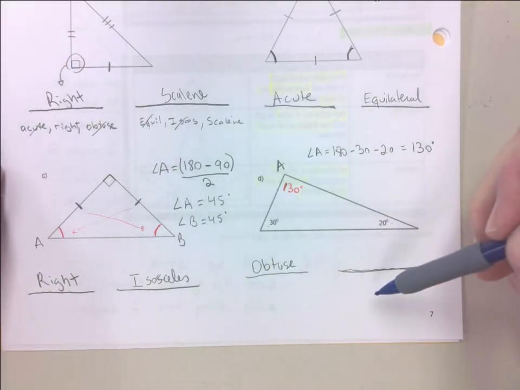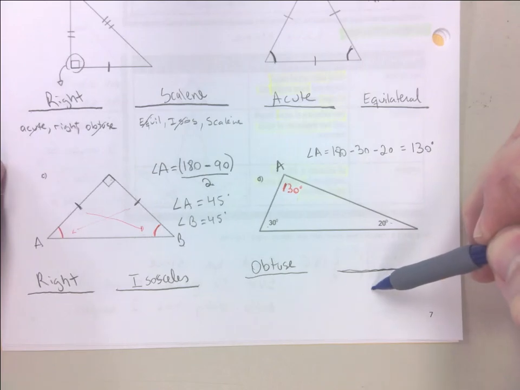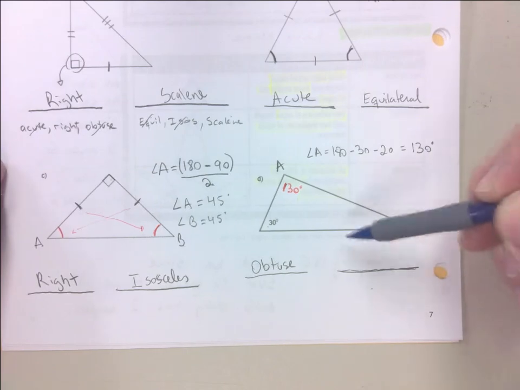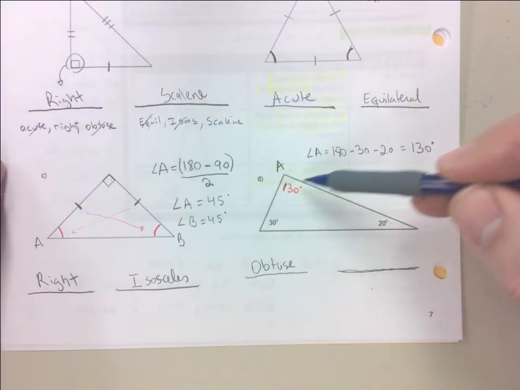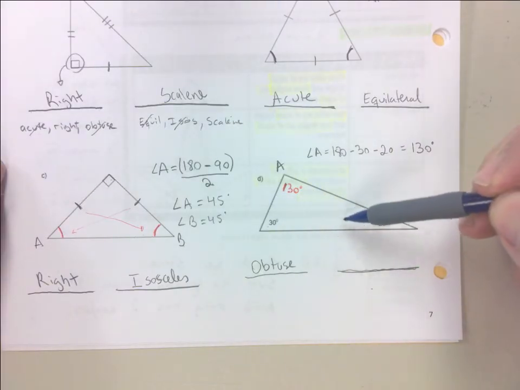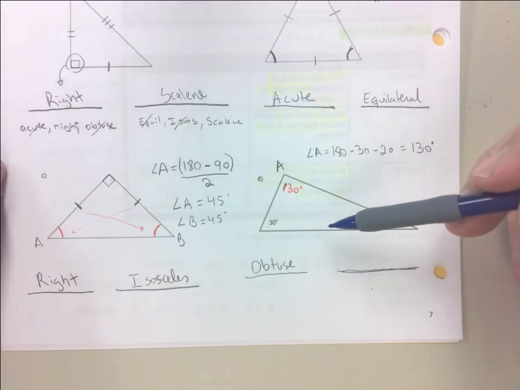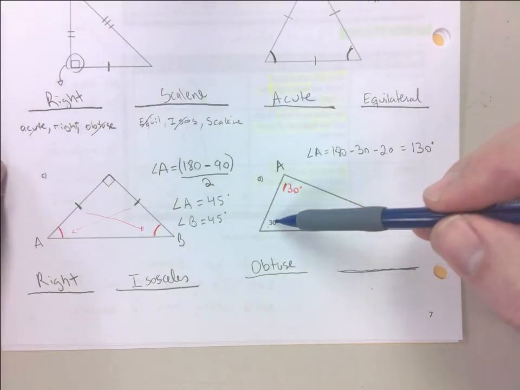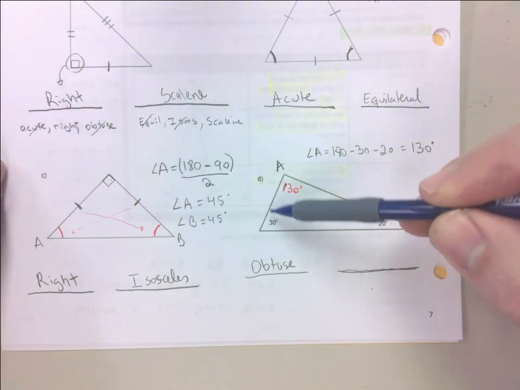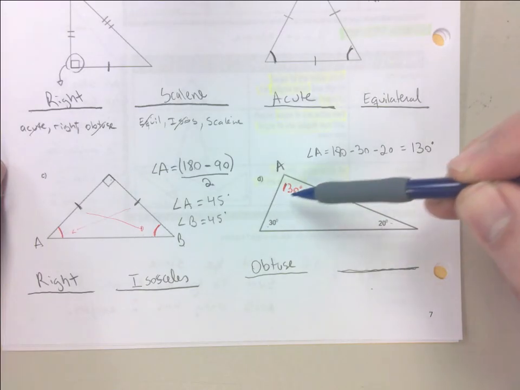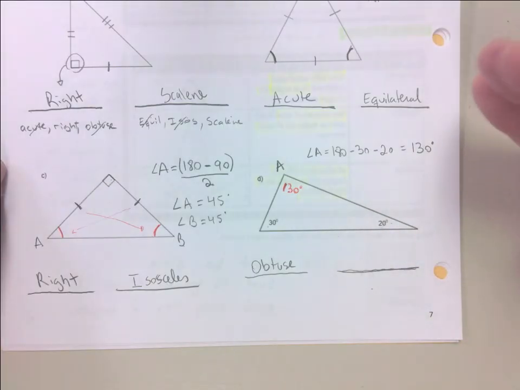In terms of side length, what am I going to pick here? Do you have a single side length here? No. But let's look at it this way. If all 3 angles are different, what do I know about the side lengths? They will all be different as well.